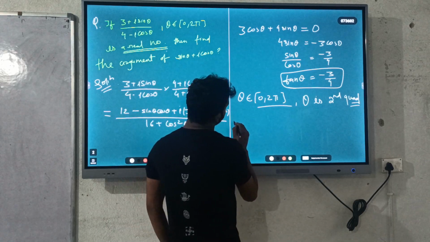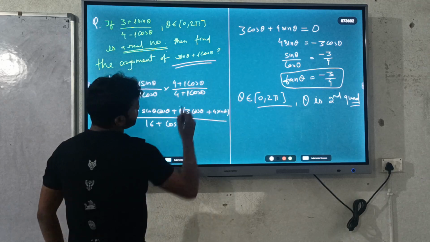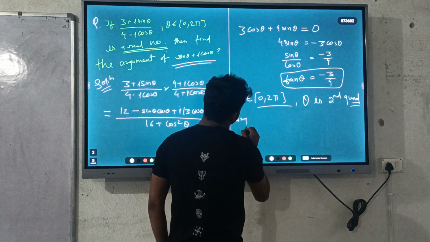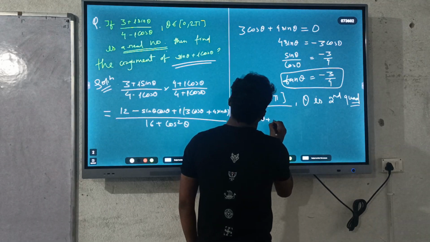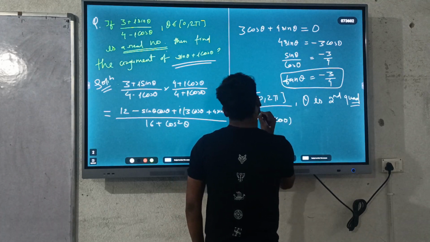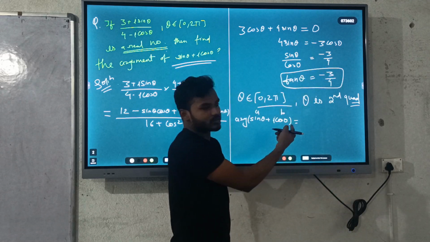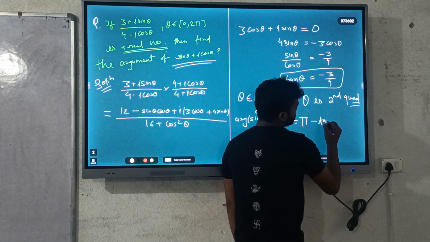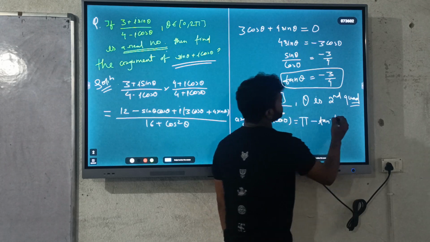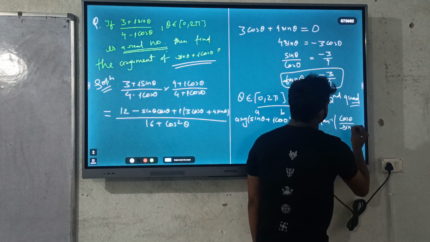The argument value of sin theta plus i cos theta, here this is A, this is B, is equal to, as it is in the second quadrant, pi minus tan inverse B by A, that is cos theta by sin theta.